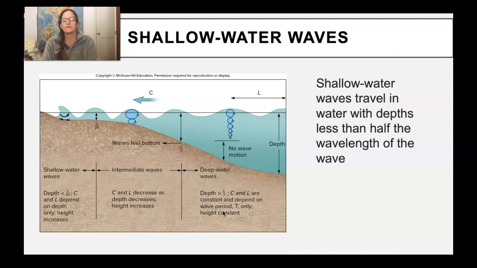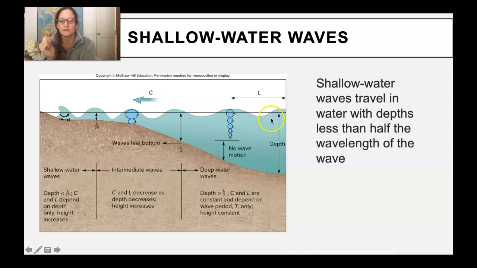Okay. When the wave starts to feel the bottom at half the wavelength, here we have these intermediate waves. The speed and the wavelength are going to decrease, so the actual wave is going to compress, and the volume of water needs to stay the same, so the wave actually gets higher.